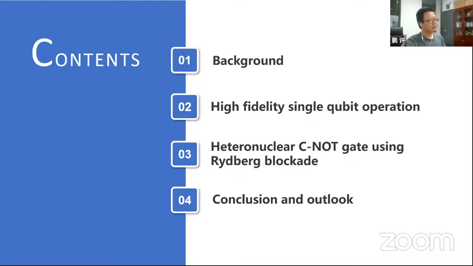And then I'd like to present two major works of our group, done recently in the last 5 years. One is high fidelity single qubit operation. The other is what we have realized using Rydberg interactions to construct the heteronuclear CNOT gate. And in the last part, I'd like to give a conclusion and outlook.